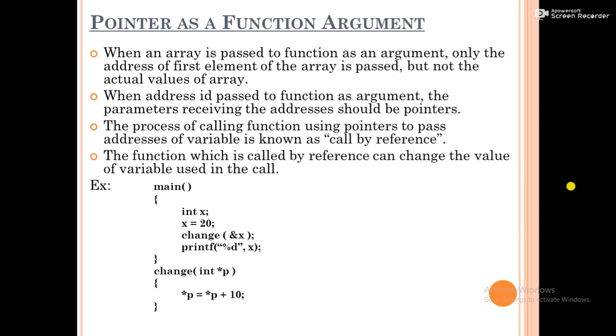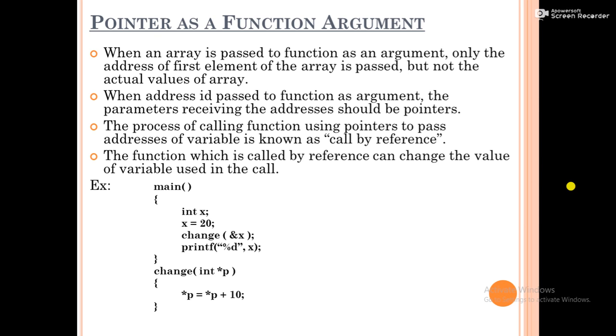So next one is pointers as a function argument. You know call by value and call by reference, right? In call by value, we pass the value as the function argument. Using pointers, we pass the address of that argument to the called function. The example below shows x equal to 20, and we call change(&x). Here int *p is a pointer we created.